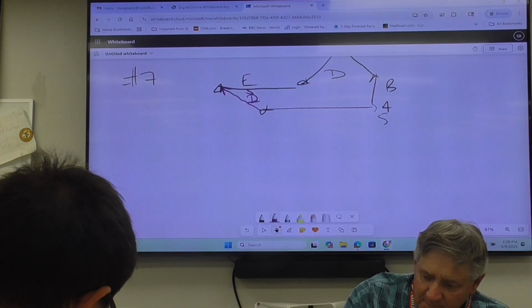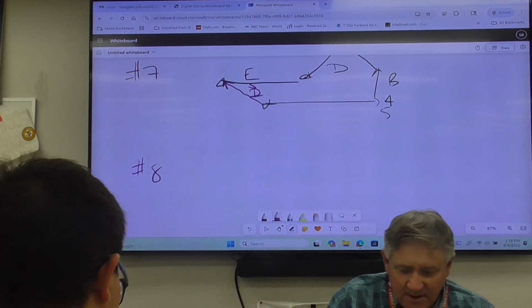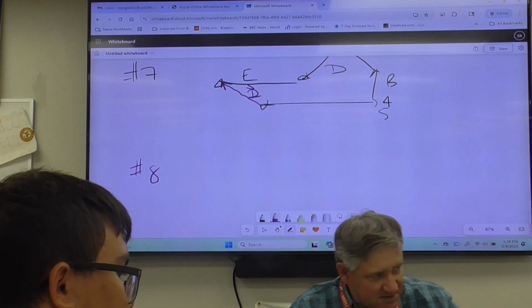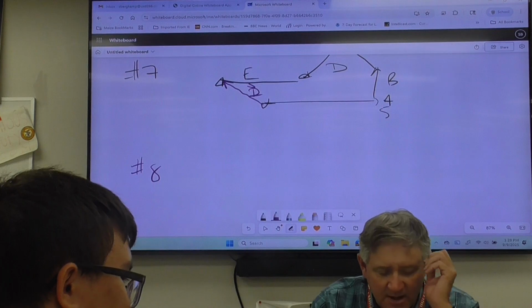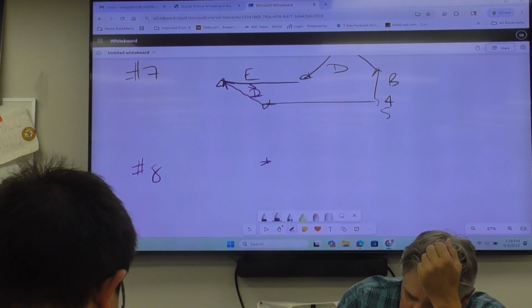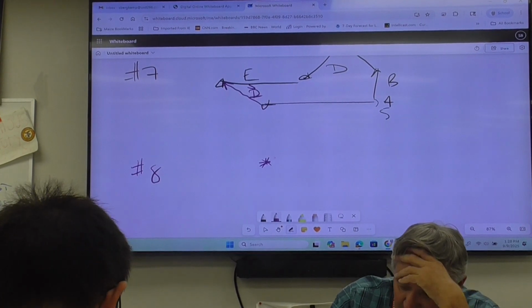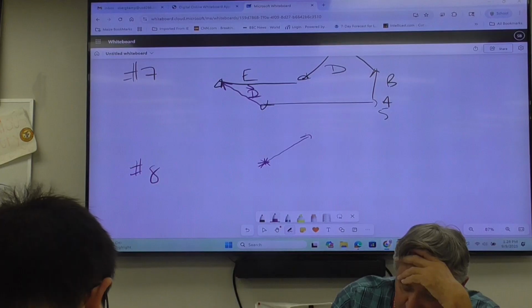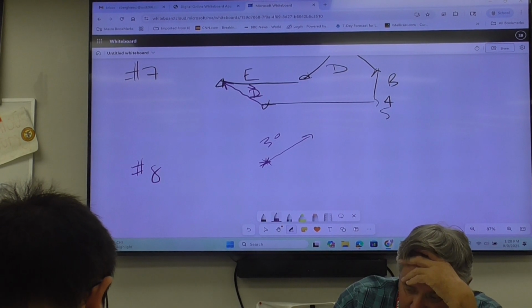Now, let's talk about number 8. Number 8 is going to form the whole basis, in a roundabout way, of forces, and I want to show you the difference between these two diagrams. So on number 8, you've got Ranger Bob, who starts off from base camp and goes out 45 degrees and 3.8 kilometers.